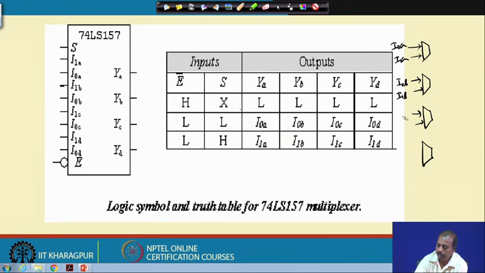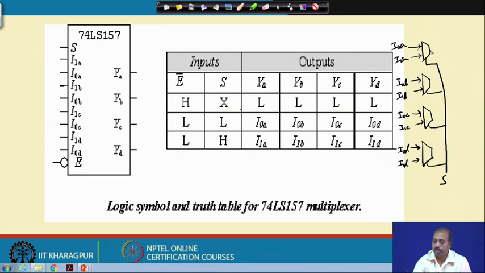The third multiplexer has I0C and I1C, and the fourth multiplexer has I0D and I1D. For all these multiplexers the select line is the same, coming from S. The outputs are called YA, YB, YC and YD. And there is an enable line, of course. Logically, this is the structure inside the chip.